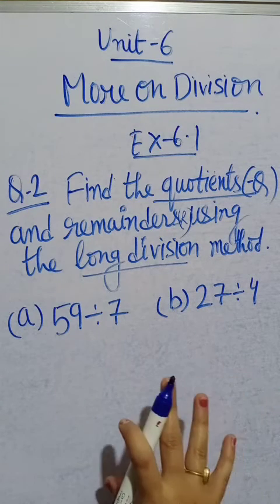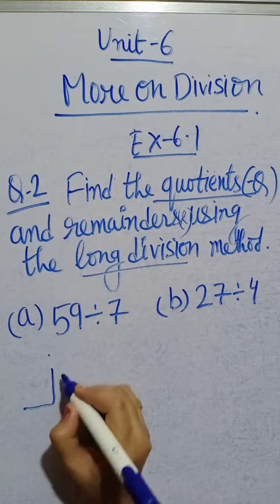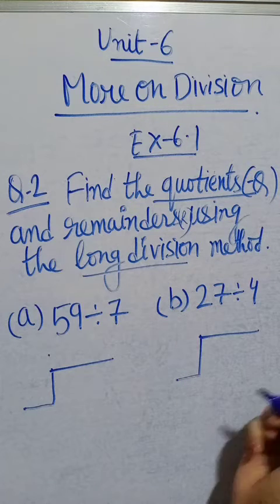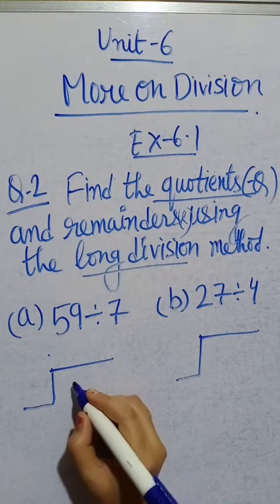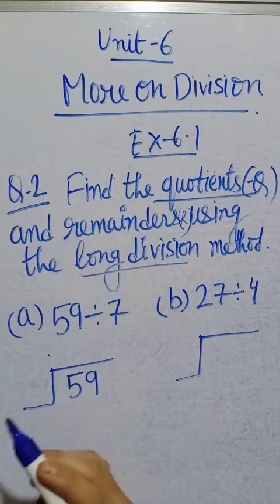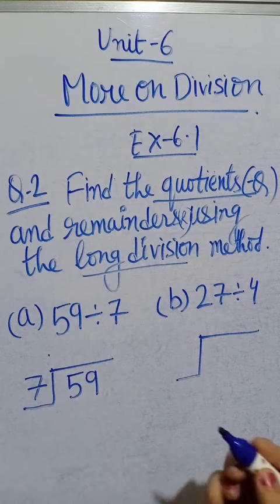So how do we solve this? We have to make a long division column like this, and you have to do this question in the notebook. 59 is the dividend, that we write inside. 7 is the divisor, the number by which we divide, that is always the divisor.